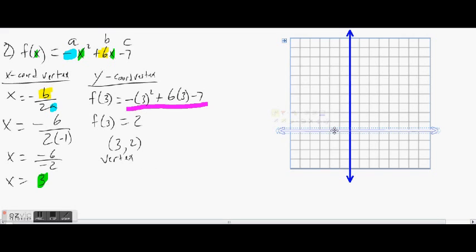But this x-axis, it's opening down. I want to move this thing up. I only need to go up 2 spaces. So I'm going to go by ones. So there's 1, 2, 3, 4.